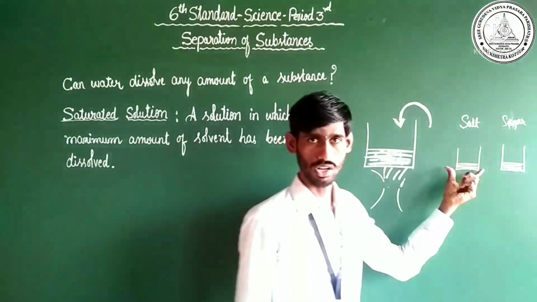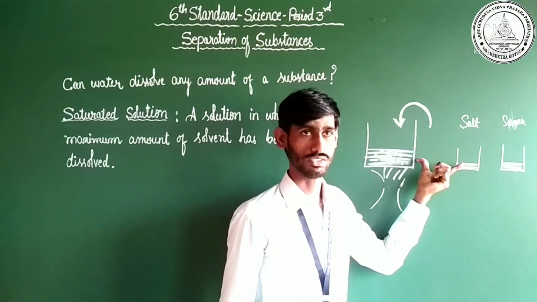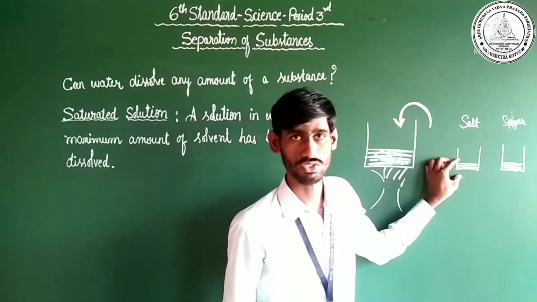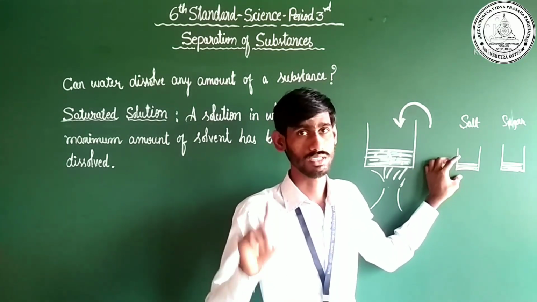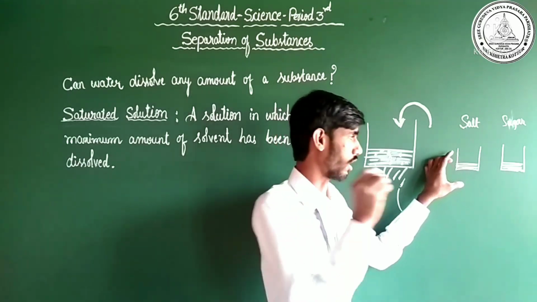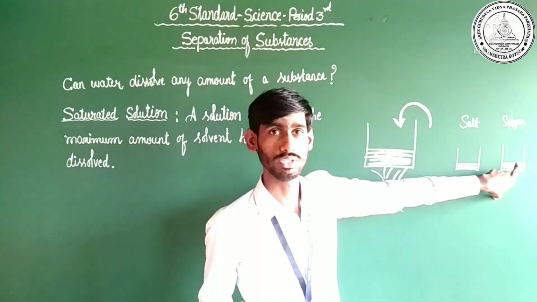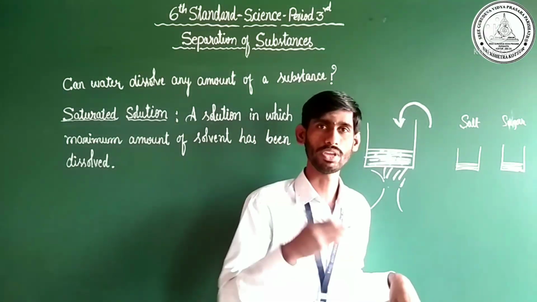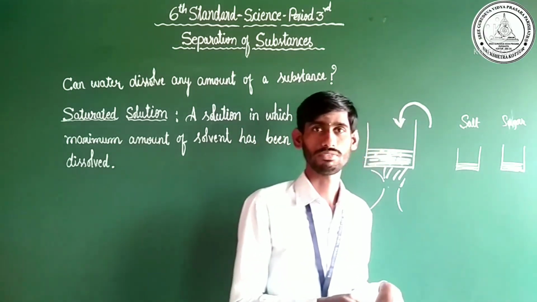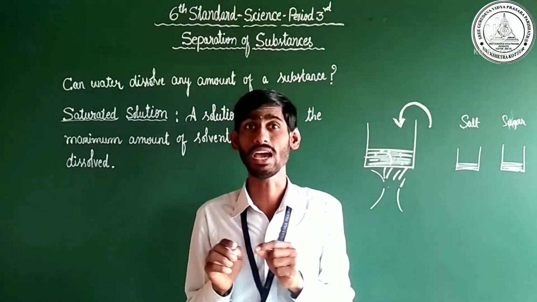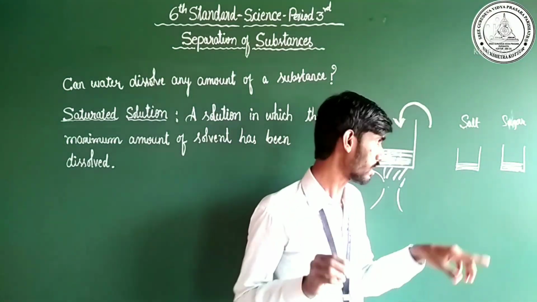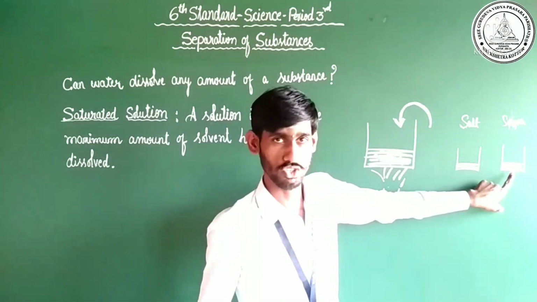Finally the salt dissolves and the solution is ready to saturate. This is an important point. Record it in your notebook and add the sugar in the next beaker. Keep on adding sugar. Finally you will get an idea, you will get important data on the salt and also the sugar.